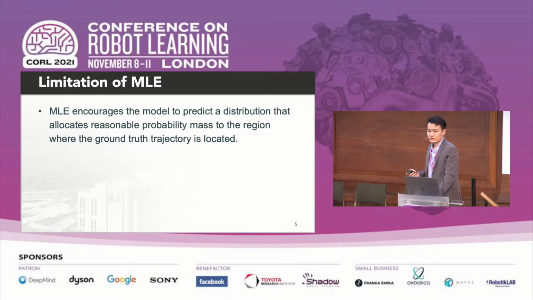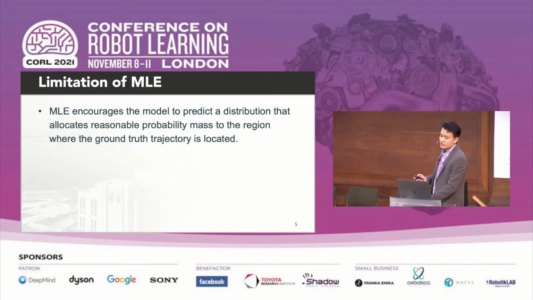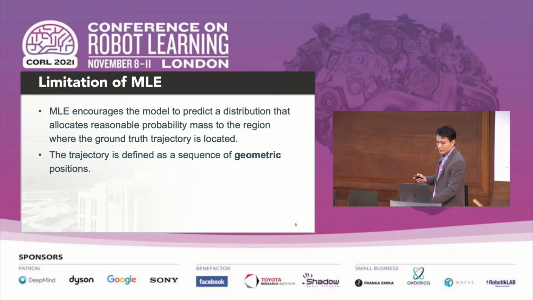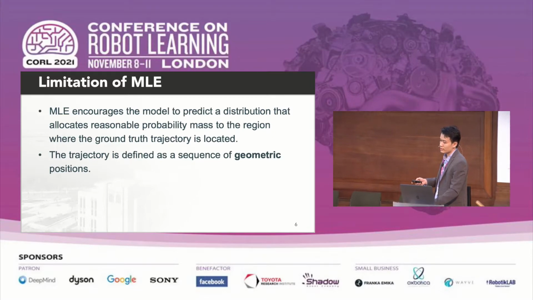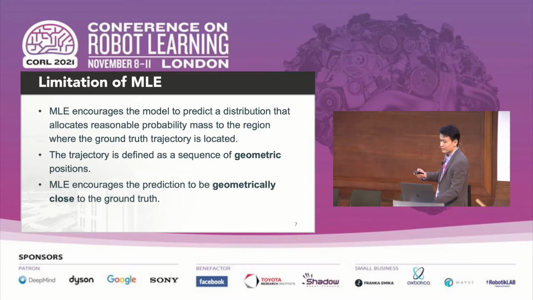But the MLE objective actually has a limitation. MLE encourages the model to predict a distribution that allocates reasonable probability mass to the region where the ground truth trajectory is located. And because the trajectory distribution domain is over the geometric positions, MLE encourages the prediction to be geometrically close to the ground truth.